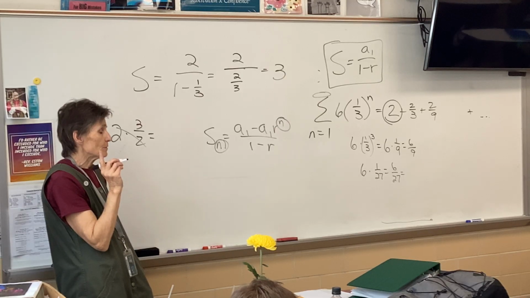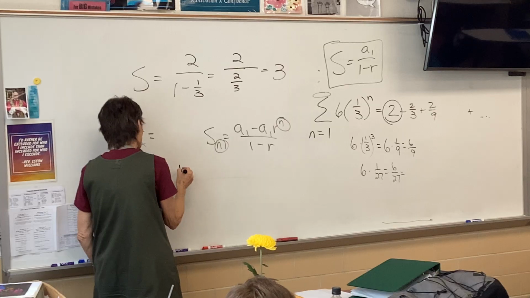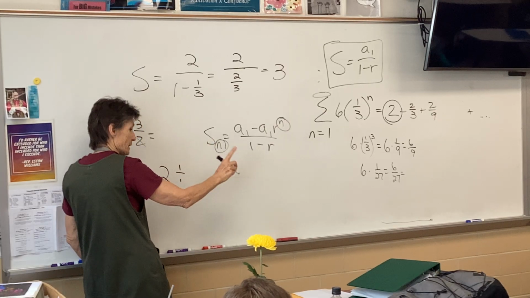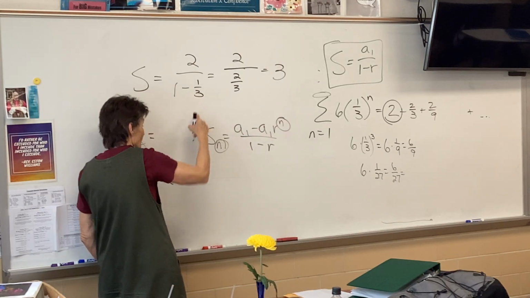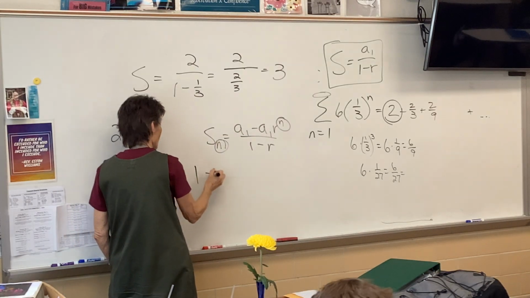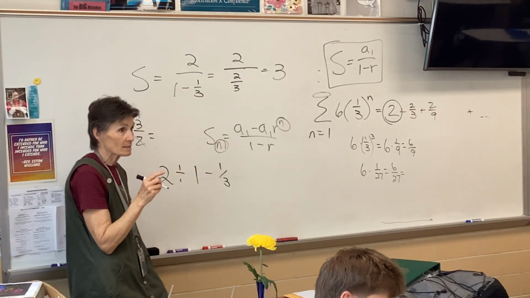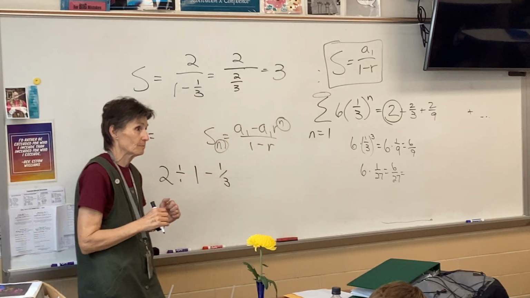Can't do that, no, because when you do this, guys, pay attention. I told you already, I know we only did one example of it, but I always clean this up first. Because when you do 2 divided by 1 minus 1/3, the calculator is a machine that is programmed for PEMDAS.